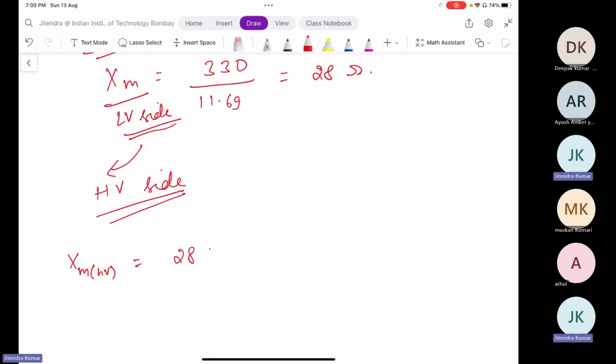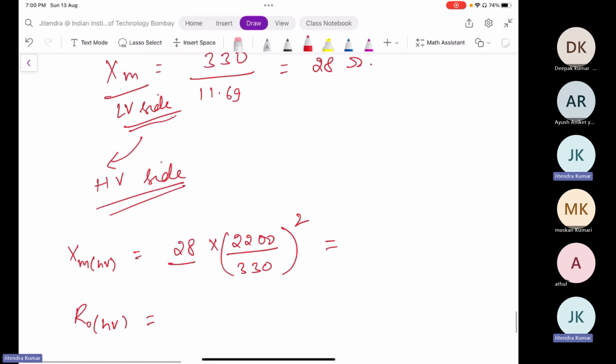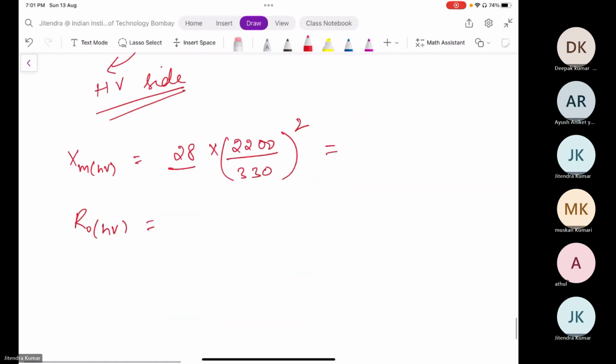28 into 2200 divided by 330 square, isn't it? Sir, 28 is XM computed from the LV side, refer to the HV side, na, sir.